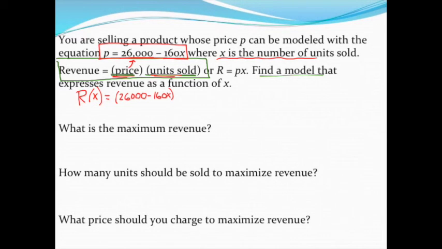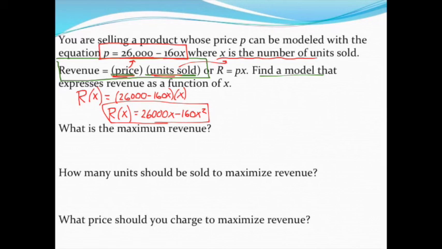Well, remember, we just said X is the number of units sold, so I just multiply this by X. It's a weird way to set up the problem, but it's pretty easy once you see what to do. Which means that if I distribute, my revenue function is going to be 26,000X minus 160X squared.